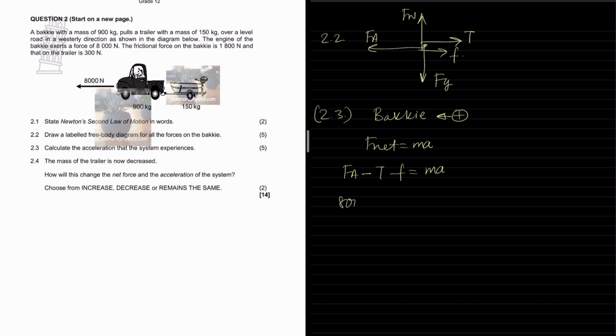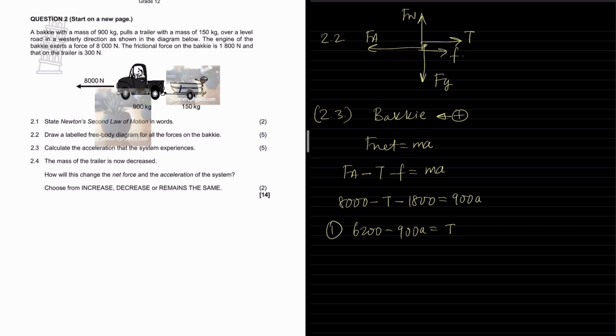So 8,000 minus tension minus 1,800 is equal to 900A. Now we can write this in terms of T. So 6,200 minus 900A is equal to T. So this will be equation 1.